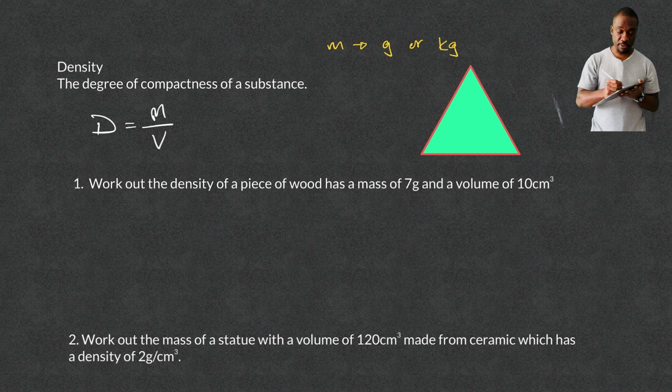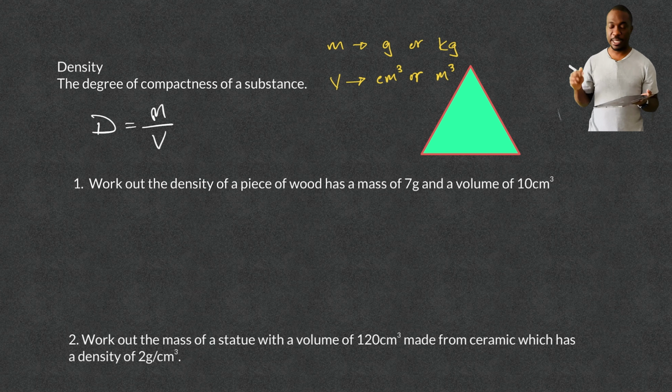And your volume, we know, is usually a cubic measure, either going to be in centimeter cube or meter cube. All right, good. So that's basically the main thing we need to know. So when we go to solve our questions, have a good look at the units on the numbers. That will tell you if you're dealing with mass, density, or volume.